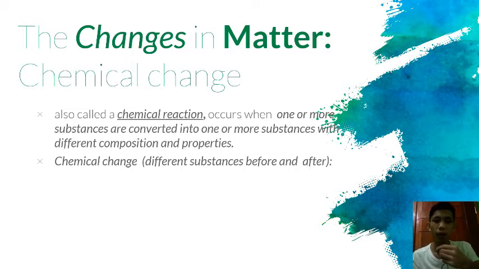Therefore, there is creation of new substances, or a new product, after the interaction. Meaning to say, in chemical change there is alteration of composition and properties. Take note that in chemical change, there are different substances before and after.